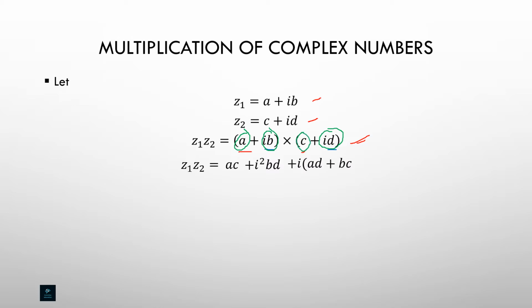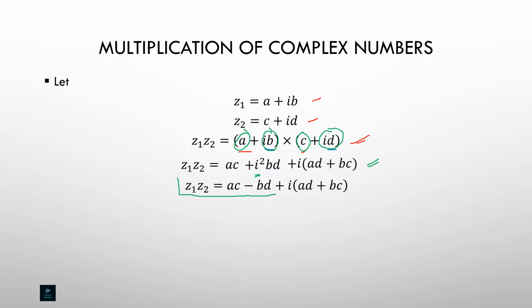This is equal to i times ad plus bc. Now we know that i squared is minus 1. Therefore, z1 times z2 is equal to ac minus bd plus i times ad plus bc.